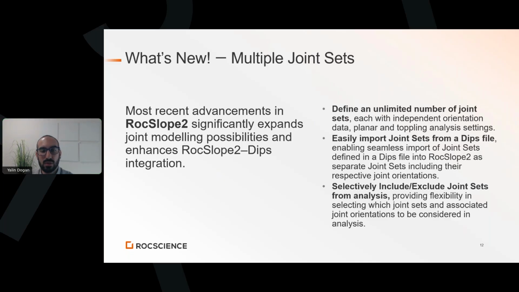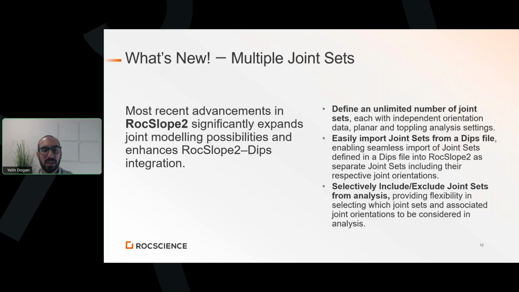It also allows you to easily import joint sets from a DIPS file, enabling seamless import of joint sets defined in a DIPS file into RocSlope2 as a separate joint set, including their respective joint orientations.